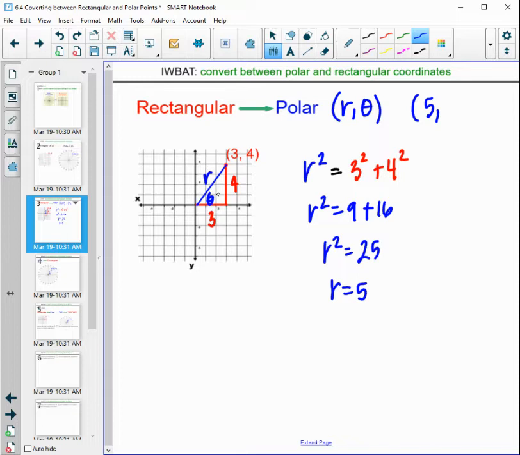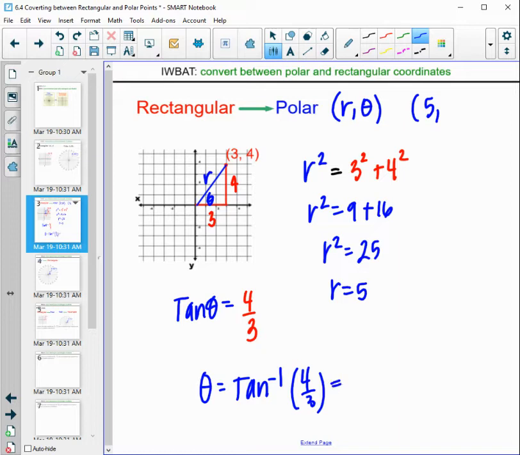In order to find this theta measurement, we just have a right triangle. So we're going to do right triangle trig. We're given the opposite 4 and the adjacent 3. So the tangent of theta is going to be equal to the opposite over the adjacent. And we would then just do theta equals the tan inverse of 4/3. You could use your calculator for this one, because it's not a nice value.